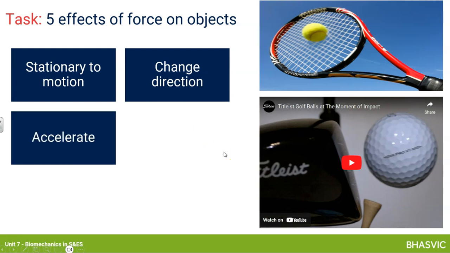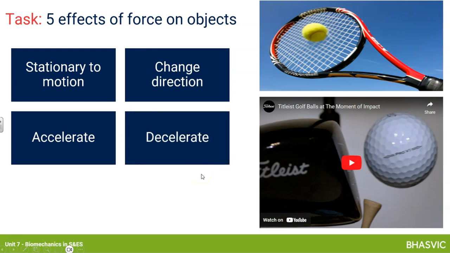Objects can be accelerated, so whether these are athletes running or either of these examples, when you apply a force, it might be traveling at a certain velocity and you might accelerate it in a given direction, increasing its velocity dramatically. You might also decelerate objects, or objects might decelerate. So essentially forces are used to slow objects down or to slow you down.